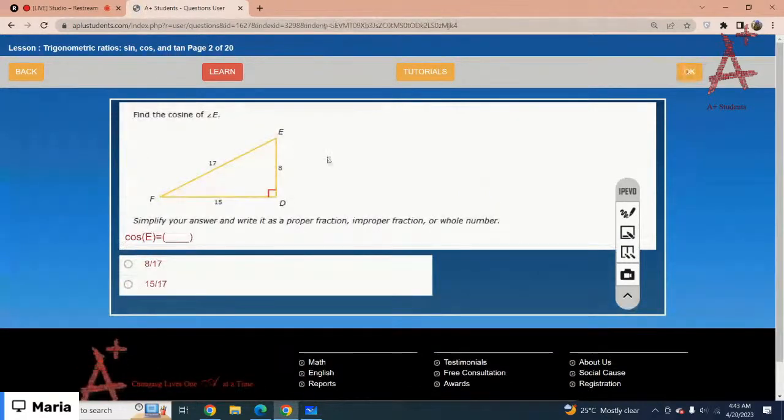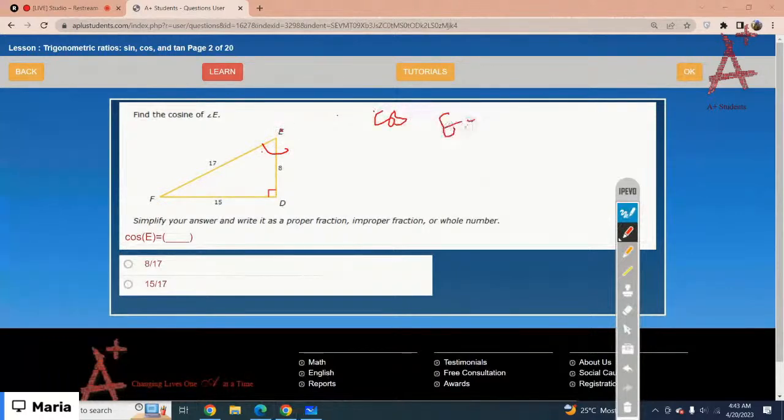Find the cosine of angle E. Here is angle E. Cos of angle E is adjacent divided by hypotenuse. The hypotenuse is 17 and the adjacent of angle E is this one. So it would be 8 divided by 17.